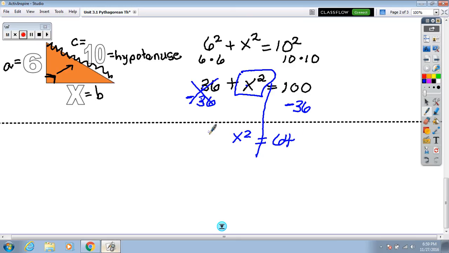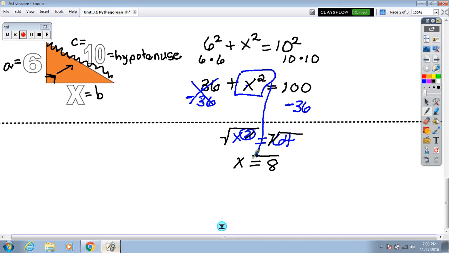Who remembers how we get rid of the square that is on my x? Correct. All I need to do is take the square root of both sides to get my answer. So the square root of x squared and the square root of 64. Well, the square root of x squared, the square and the square root cancel each other out, so I just get x. And on this side, we get plus or minus 8, but it will just be 8.